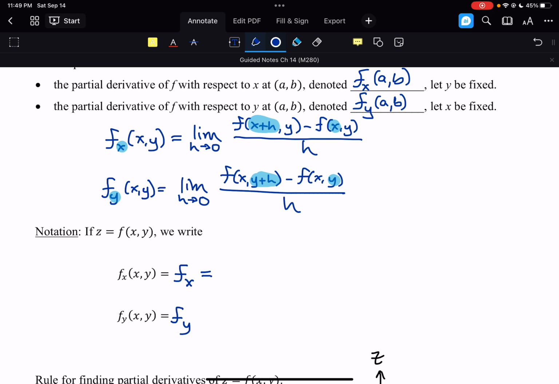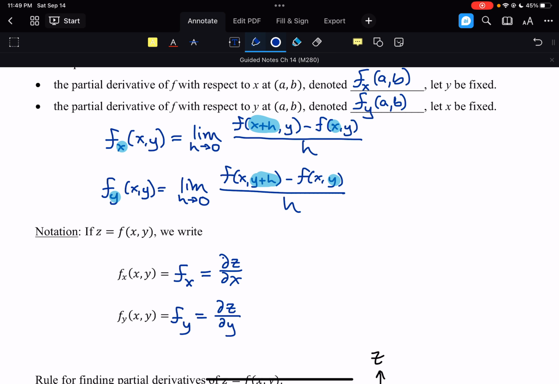We had the Leibniz notation back in Calc 1. There is an equivalent notation instead of dy dx. It would be partial z with respect to x and partial z with respect to y. Notice this symbol is not the letter d. It's not dz dx like that. This is a partial derivative symbol.